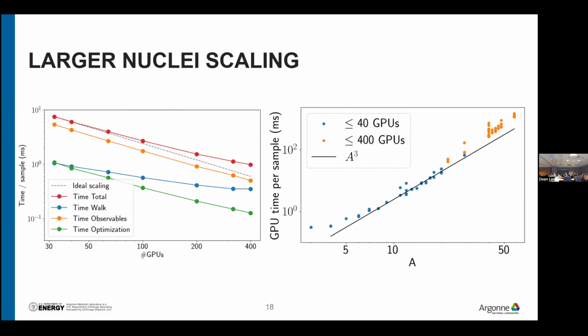The A to the fifth in the worst case scaling is coming from the potential calculation being A squared and the anti-symmetrizer, the wave function itself, being A cubed, and we have to run those together. But that A to the fifth has a very small leading term, so we don't see it yet, essentially. So it's A cubed at the moment at this scale because of the wave function calculation.